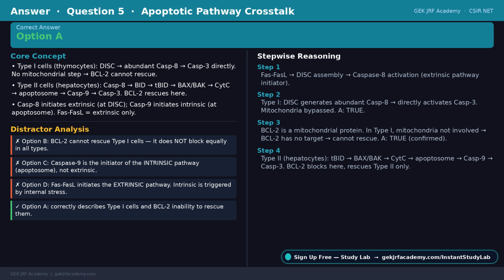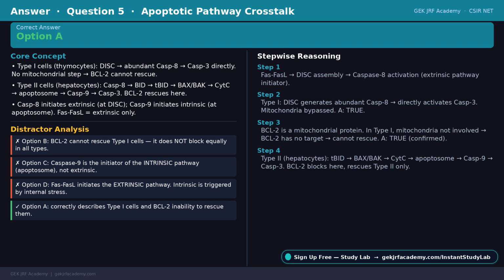This caspase 8 directly cleaves procaspase 3 without any mitochondrial involvement, because BCL2 acts on the mitochondria, preventing Bax-mediated pore formation and cytochrome C release. It has nothing to block in type 1 cells. BCL2 overexpression therefore cannot rescue type 1 cells.